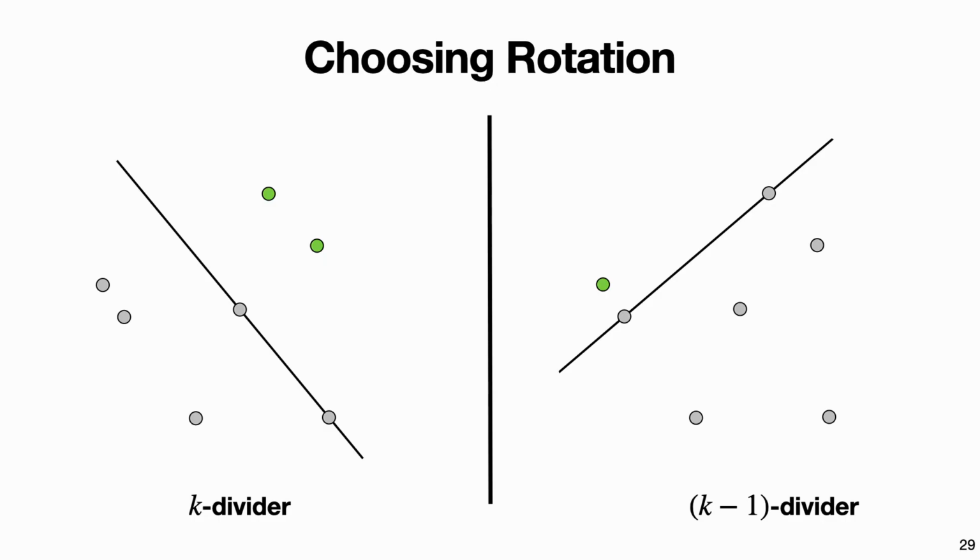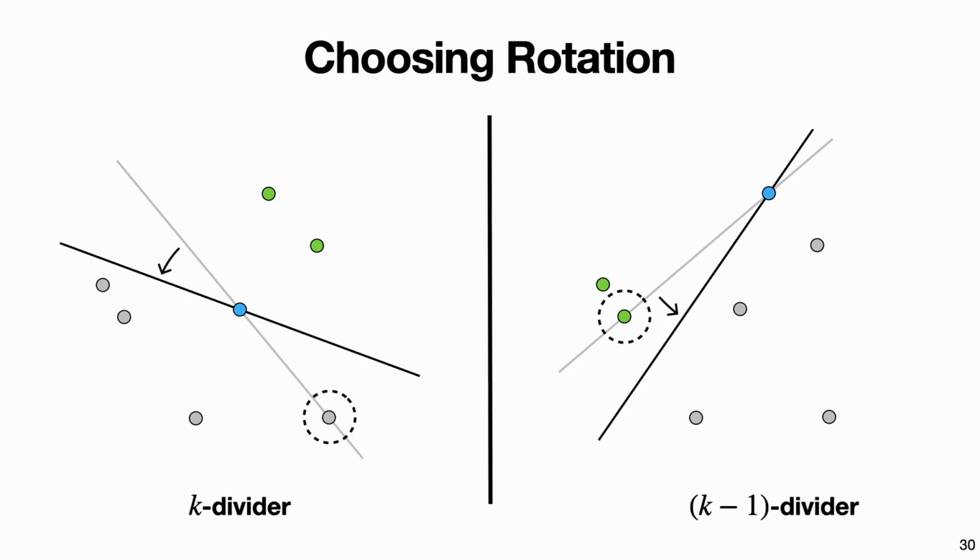So now that we have these two types of dividers that can appear during our algorithm, we need some way to get back to k dividers because we are interested in those because we need them for the intersection. And we do this by choosing the rotation direction of these dividers. For a k divider, we rotate such that the non-pivot point of our divider moves into the interior, and for a k minus 1 divider, we rotate it into the exterior.